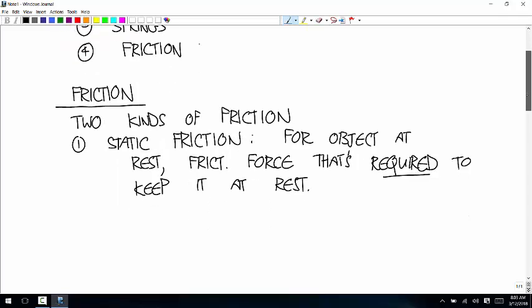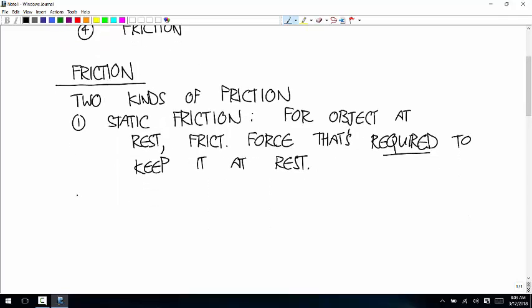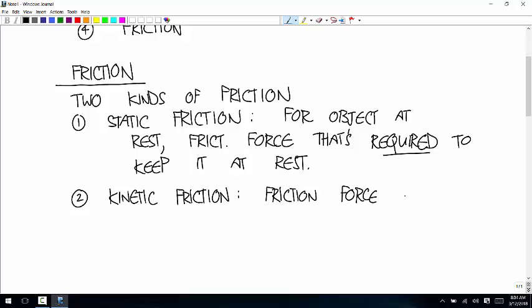And the other type is called kinetic friction. And that's the friction force applied to an object that's already sliding.